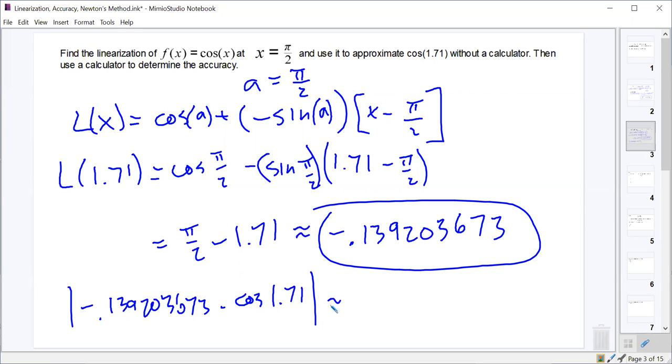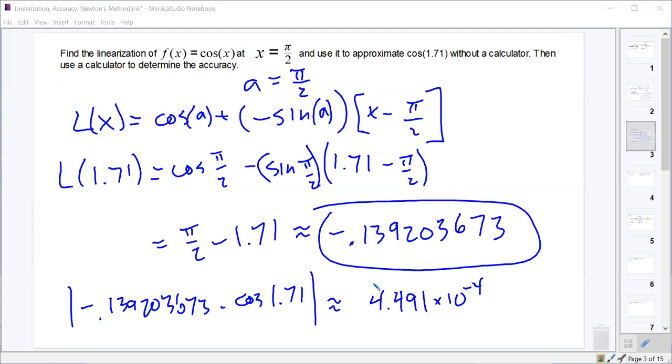And what does that come out to be? Hopefully I'm typing this all in right. I got 4.491 times 10 to the -4. That's what you guys got? Yeah. So that tells us what is the accuracy of this.